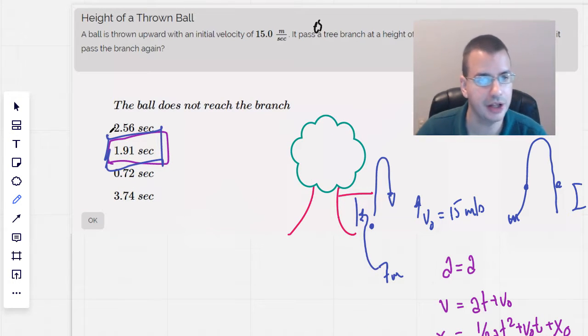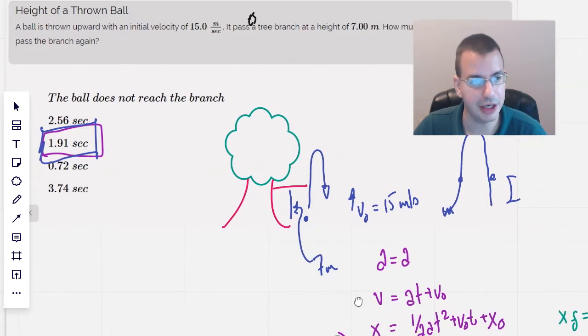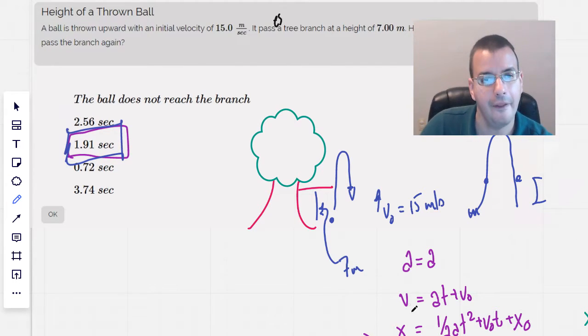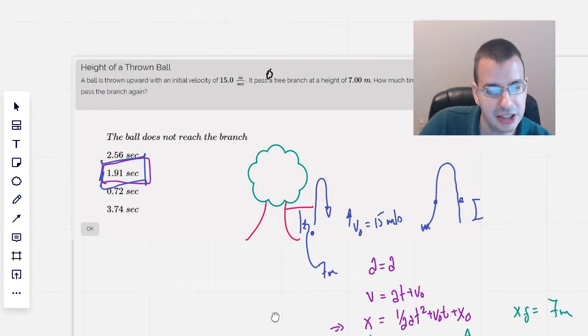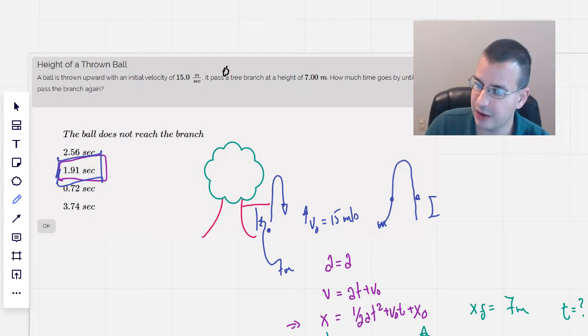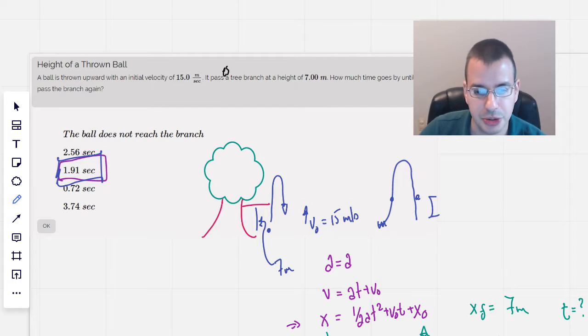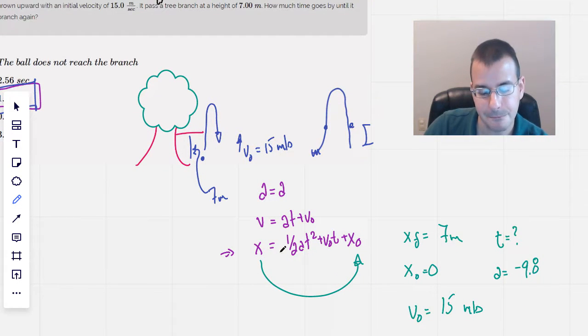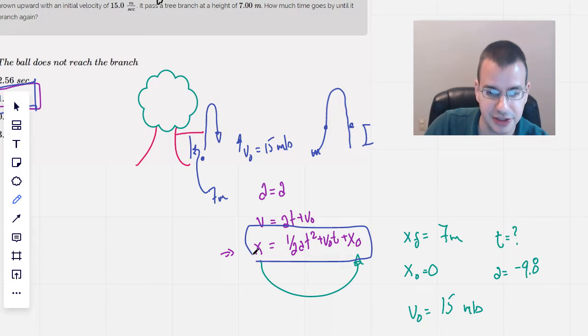So, to recap what we did here. We had a ball that's thrown, goes over a tree branch, and then returns to that branch as it's falling down. This is basically an upside-down quadratic, which makes sense because gravity is negative 9.8 meters per second squared. First draw a picture, then put out our kinematic equations, and look at the equation that gives us everything we need except time, because we're looking for time.